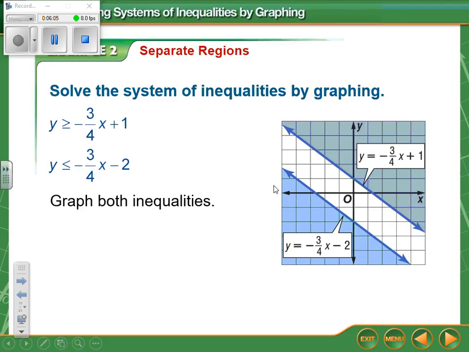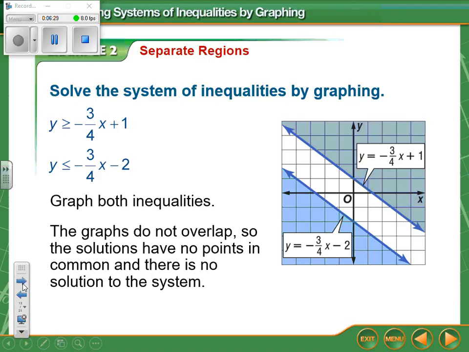We have negative 3/4 x minus 2, which we need to shade below because it's a less than or equal to. And so if you shade below this one and above that one, and they're parallel, which means they'll never meet, then there will not be any area in common. They will not overlap. So the solution has no points in common, and so no solution would be your answer, or empty set.